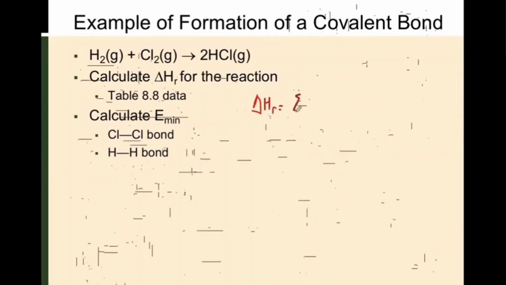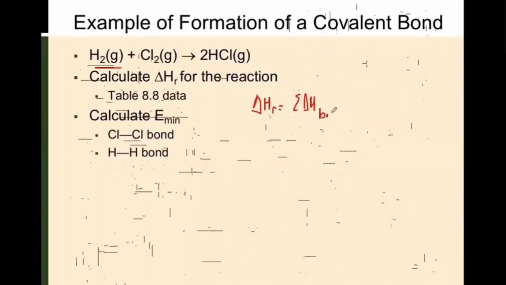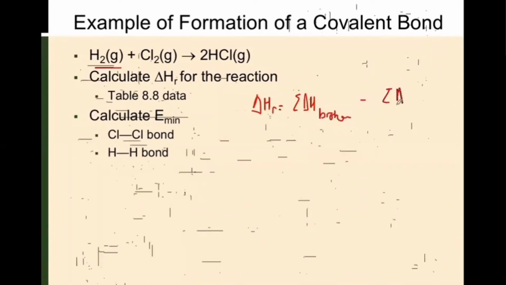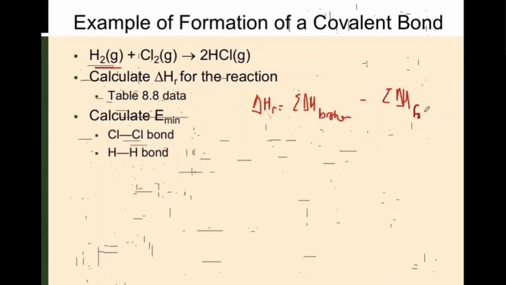the sum of the delta H for the H2 bond breaking. So it's going to be the sum of the delta H of bonds broken, minus the sum of all of the delta H's of the formed bonds.